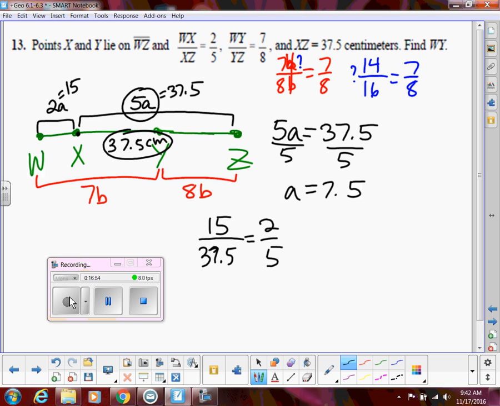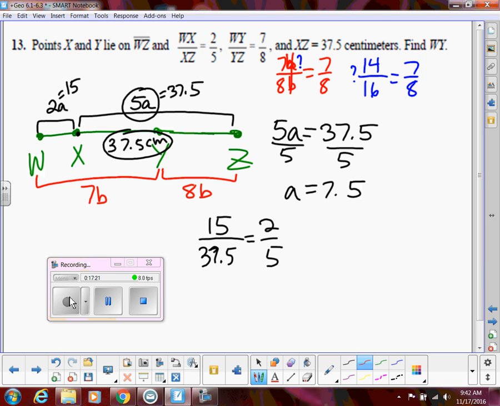Okay, so we just found A, that little bitty A, to figure out what are the exact measurements of that segment. So now we're going to do the same thing here with our WY. Now that we know the exact measurements, we can use that for our WY. All right, we know that this whole thing is 15.